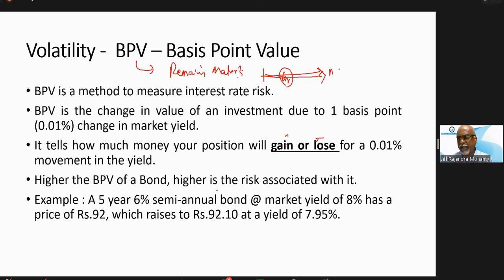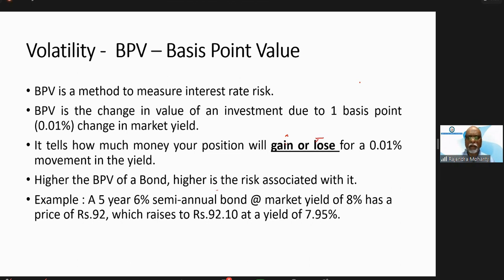As the maturity progresses, say after 6 months, the BPV will be declining. As it nears maturity, the BPV declines further, and on the day of maturity, BPV will be 0. So BPV we have understood, there is no problem.